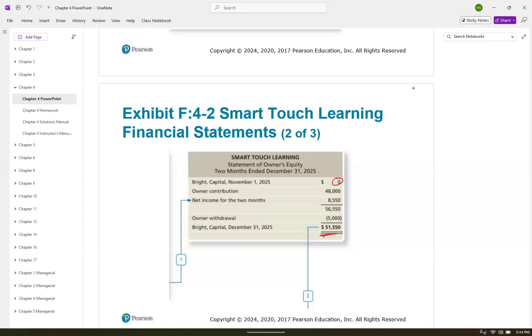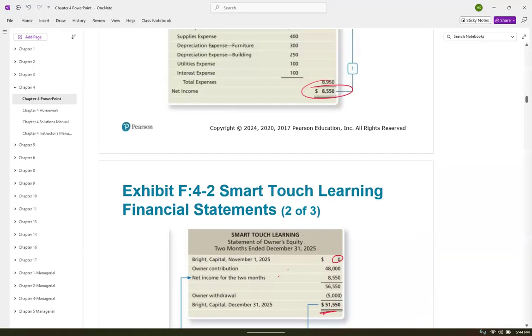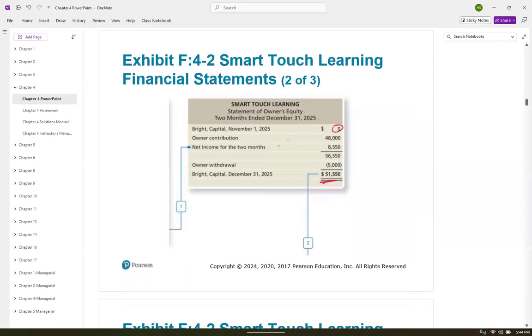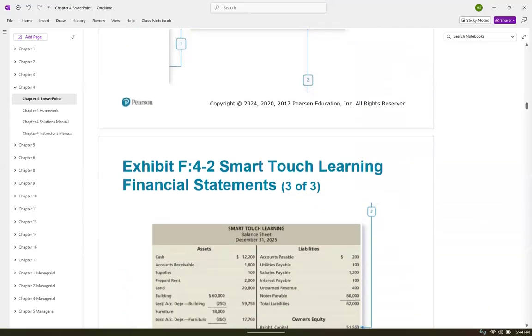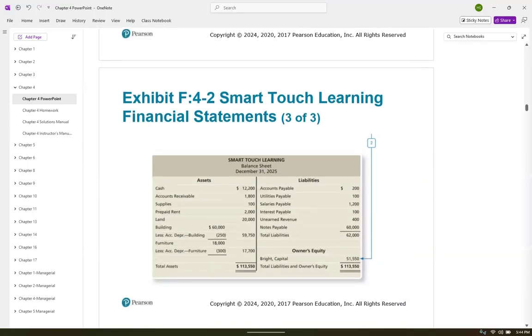Okay. We are going to add the owner's contribution and we're going to add the net income. That net income came from right here. That is not on that trial balance. You have to calculate that number. Okay. And then the owner took some money out. So we end up with the capital balance of 51,550.